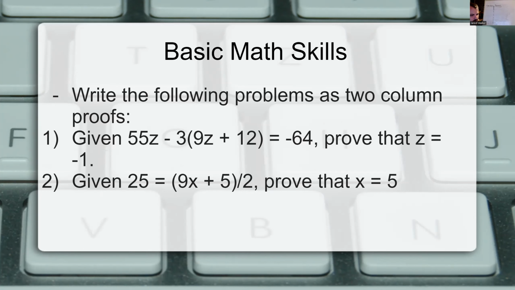So let me start the proof off. So it's given 55z. You know what? I'm going to need to give myself some more room on this proof. So given 55z minus 3 times 9z plus 12 equals negative 64.